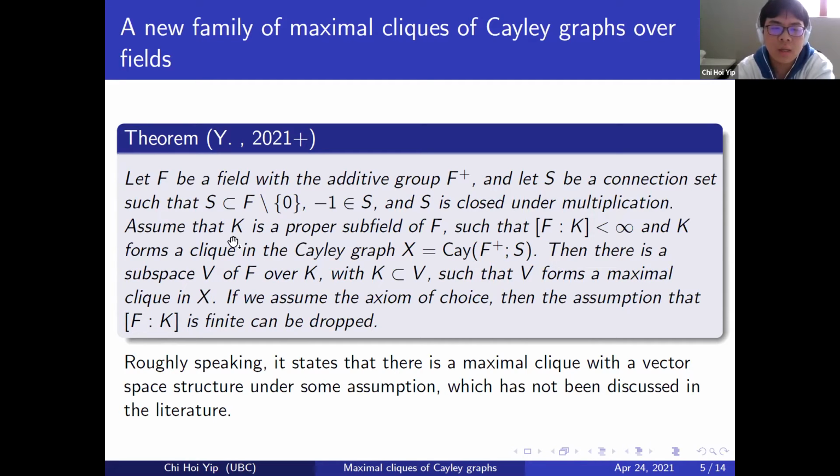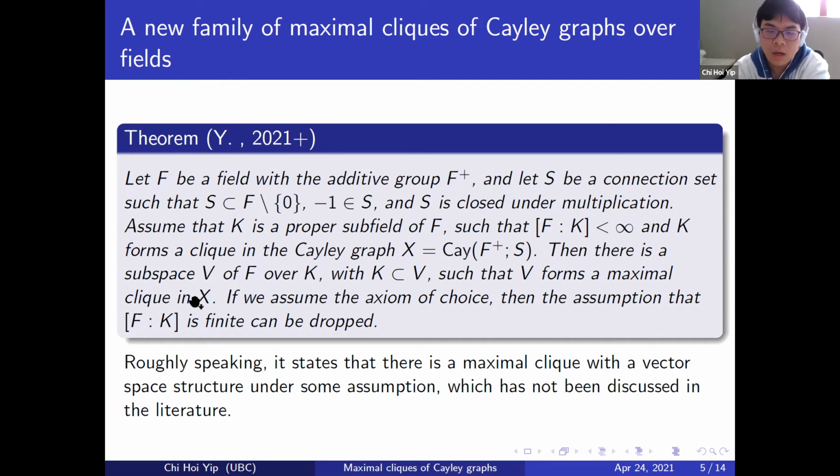If we assume that K is a proper subfield of F, such that the degree of extension of F over K is finite, and K forms a clique, then we can conclude something about maximal cliques. Basically, we can find a subspace V of F over K, such that V contains K and V forms a maximal clique in the graph.